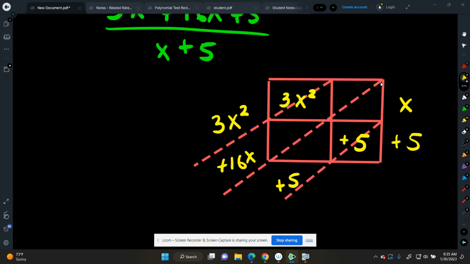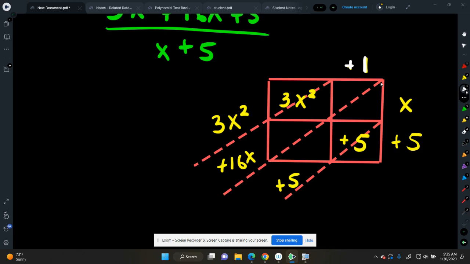Okay. Hunter, what information do I now have? You can put a 1 on the top right because 1 times positive 5 is positive 5. I love the way you said that. We can put a 1 up there because 1 times 5 is 5.